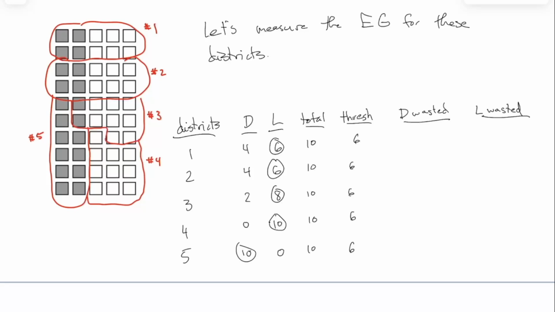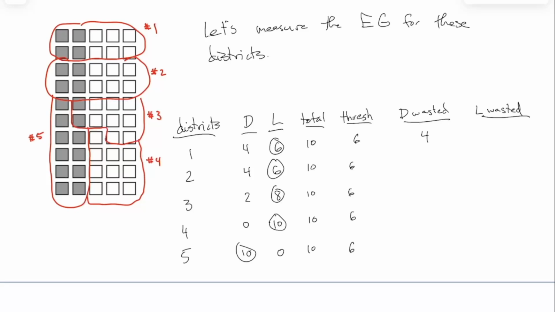And remember the rules about wasteds, which I wrote a few minutes ago. Every vote for the loser is wasted, and any votes for the winner beyond the threshold are wasted. So in the first row, every vote for the loser is wasted. That means these 4 for the D's are all wasted. So D's wasted 4 here. And how many are the L's wasted?